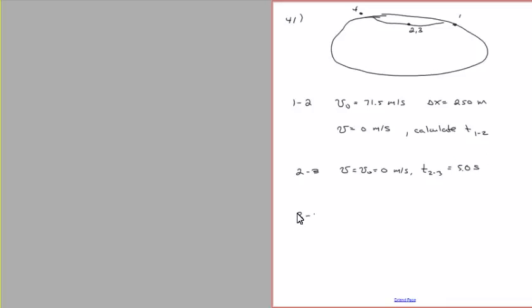And then from 3 to 4, V0 is equal to 0, because we start from a standstill. We speed up to 71.5 meters per second. The delta x is going to be 350 meters.